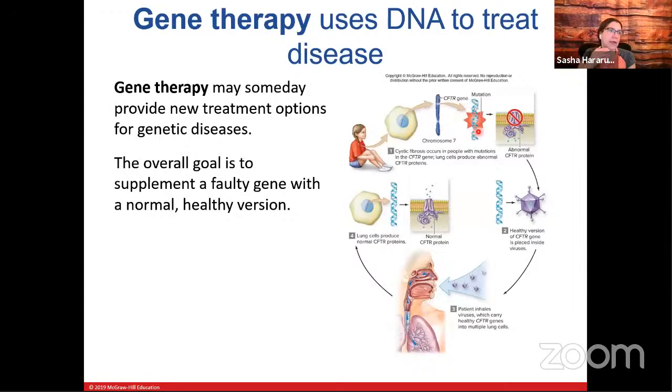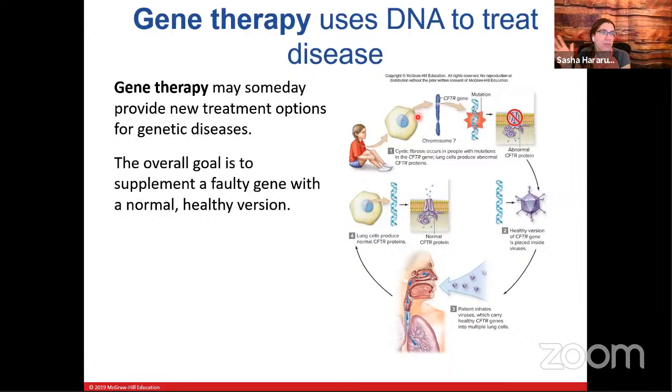Okay, and they remove the viral DNA and make the recombinant viruses containing healthy versions of this so-called CFTR gene, the gene that contains the mutation if the person has cystic fibrosis.